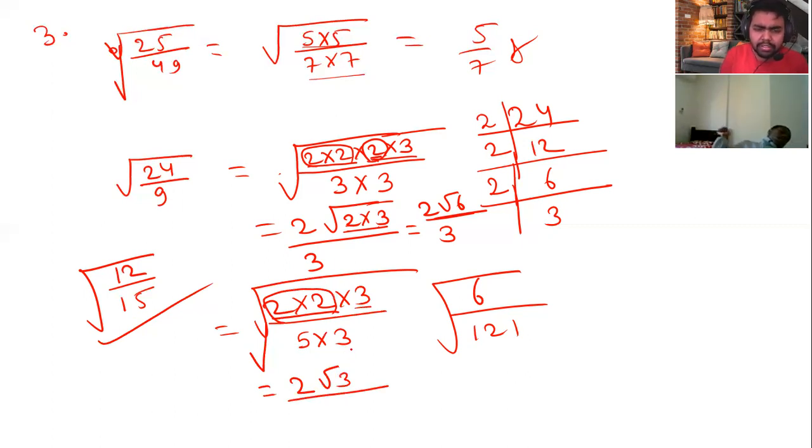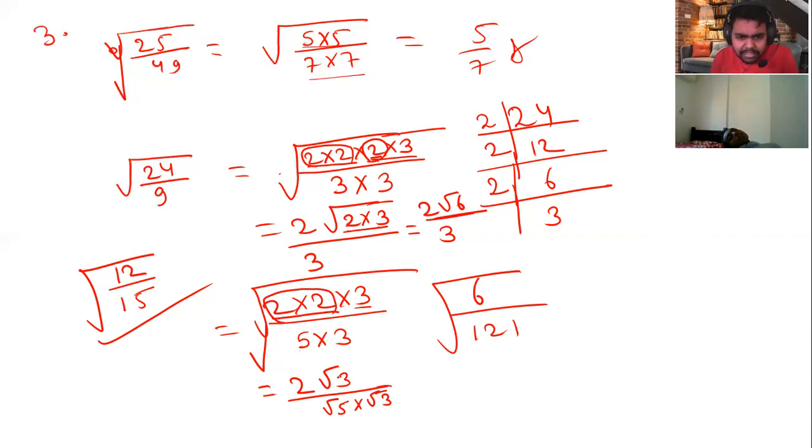Try to understand one more thing here. Can I write root 5 times root 3 for 15? Why?